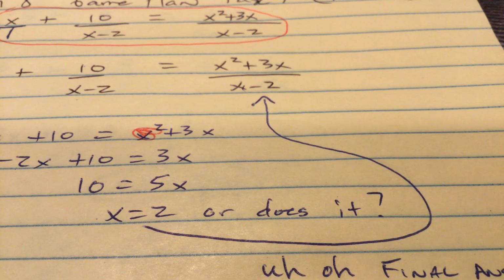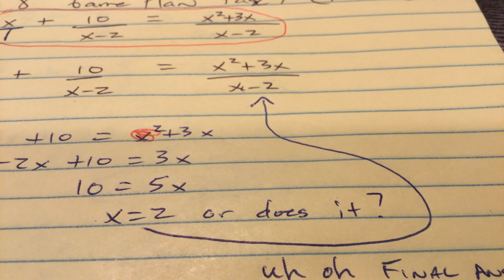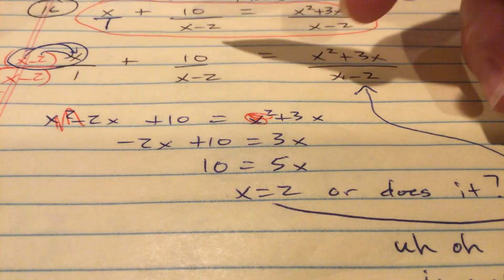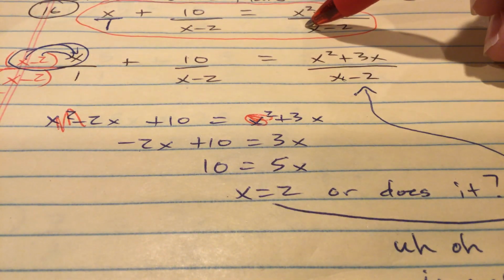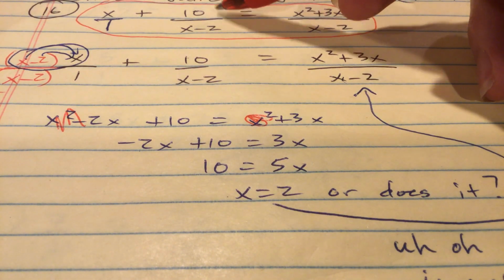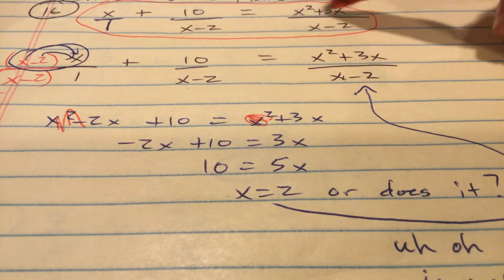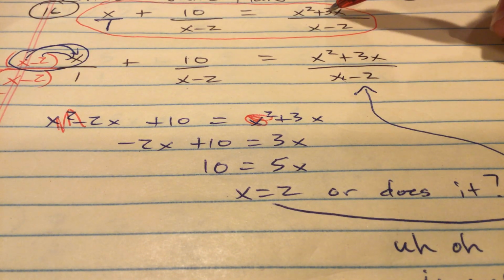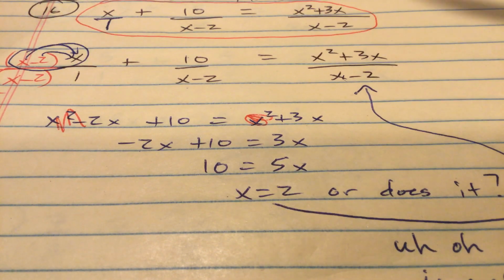Or does it equal 2? This is going to happen several times today. Now, in the other video, it said check your solutions. Folks, when you plug 2 back into your original equation, you get 10 over 0 is equal to another 10 over 0. You can't divide by 0. That's a no-no.